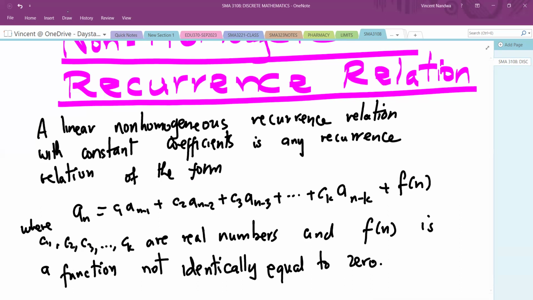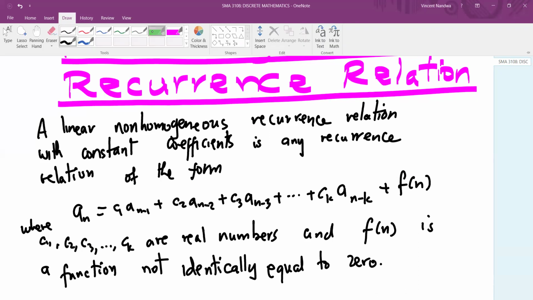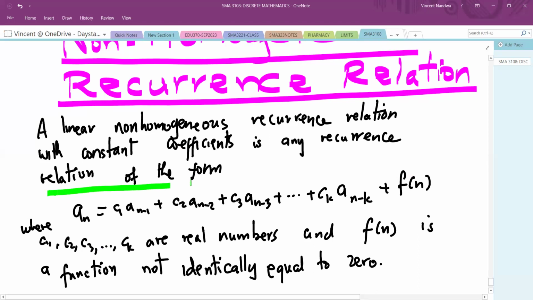So these are the kind of equations that we will be interested in solving in this particular subtopic.